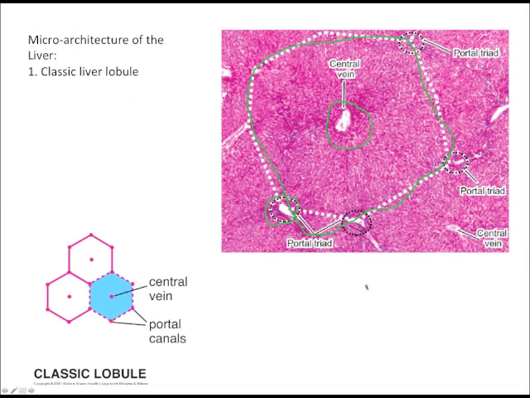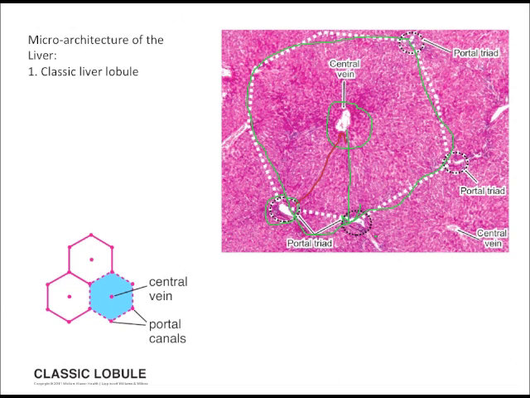The function of this organization is to note the flow of blood, again, from that portal canal region towards the central vein, and the flow of bile in the opposite direction towards the portal canal, as it is made by the hepatocytes and enters larger and larger ducts until it finally reaches the bile duct.